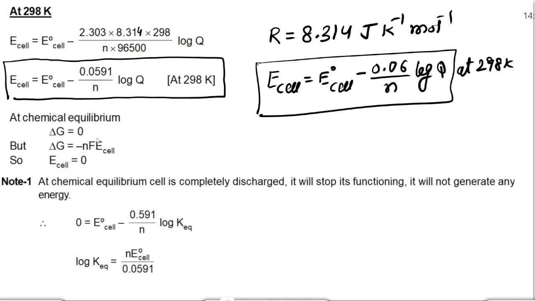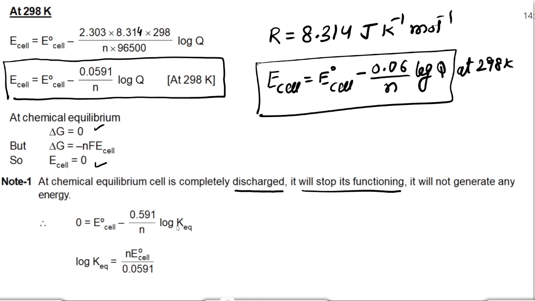At chemical equilibrium, delta G is 0, so that means E cell is 0. Now at chemical equilibrium, the cell is completely discharged, or it will stop its functioning and it will not generate any energy. So in that case, E cell is 0.